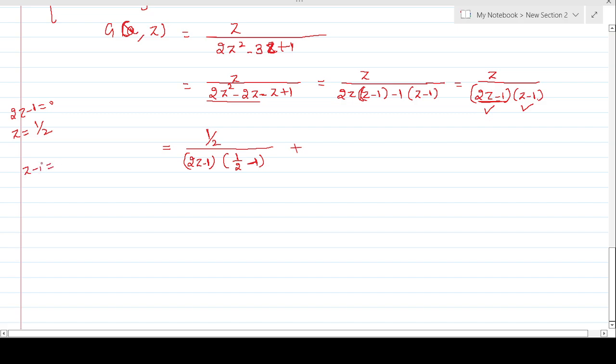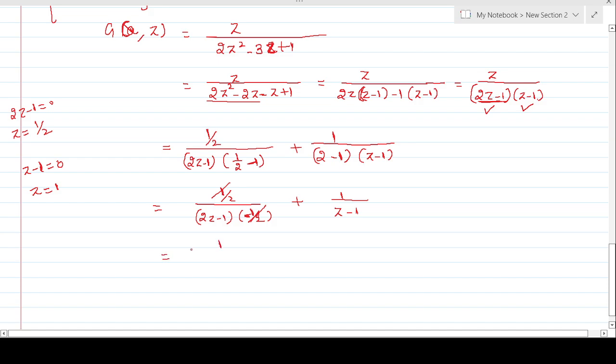We get here z value equal to 1, so wherever you have z, there you put 1. So it is half by 2z minus 1, minus half, plus 1 by z minus 1. So see, half cancel with each other, and here you are left with minus sign.